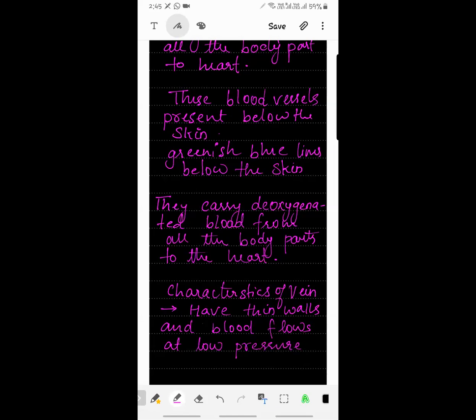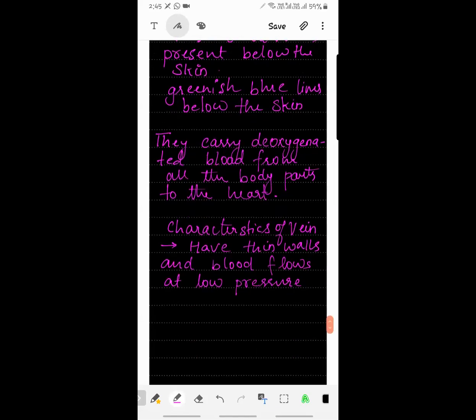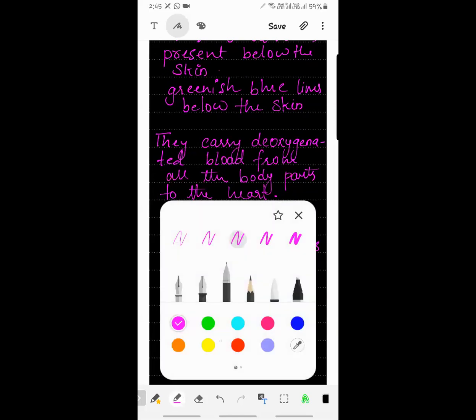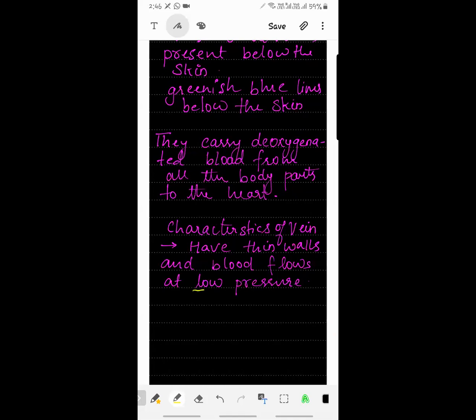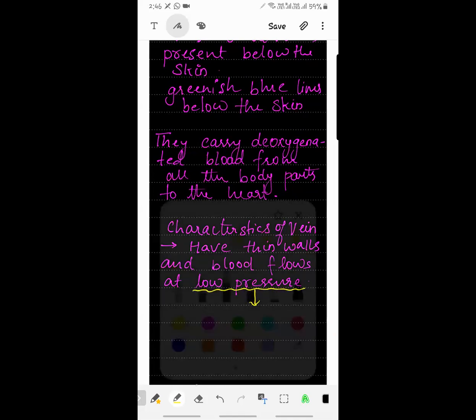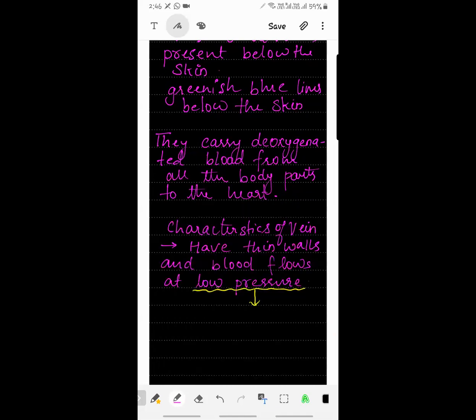Because the heart is not pumping directly, they are carrying blood from the organs, and the organs do not create any pressure, so the pressure will be low. And because of low pressure, the veins have valves.